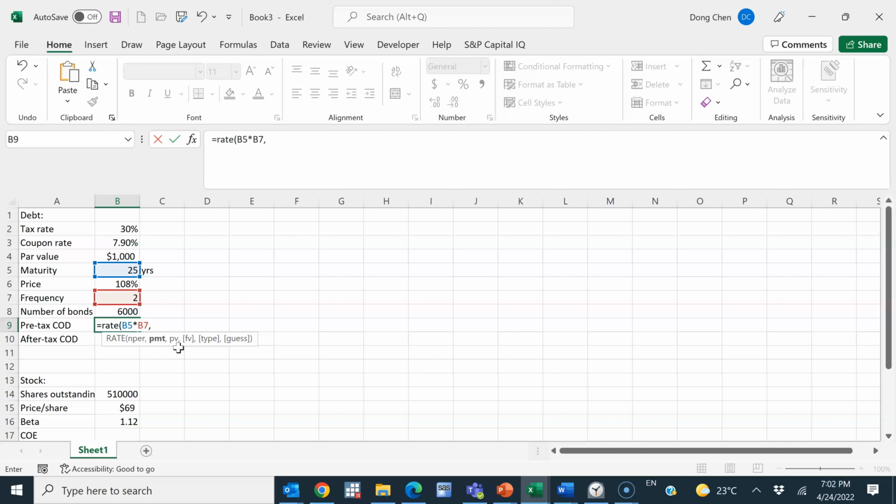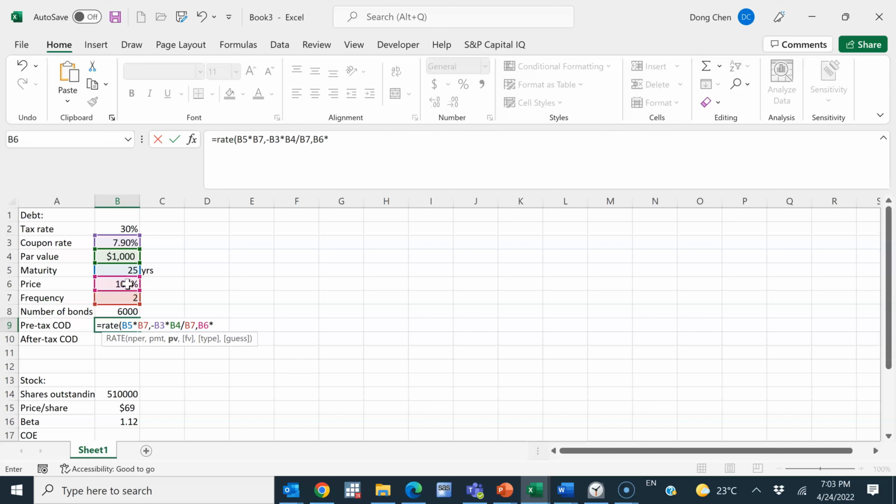So here I choose to make payment be a negative number. So payment is the coupon rate multiplied by the par value. And don't forget, this is the annual coupon, but we need the semi-annual. So I need to divide this by the frequency. And the third argument, as I said, I choose to make the coupon payment negative. Hence, I also need to make the price a positive value.